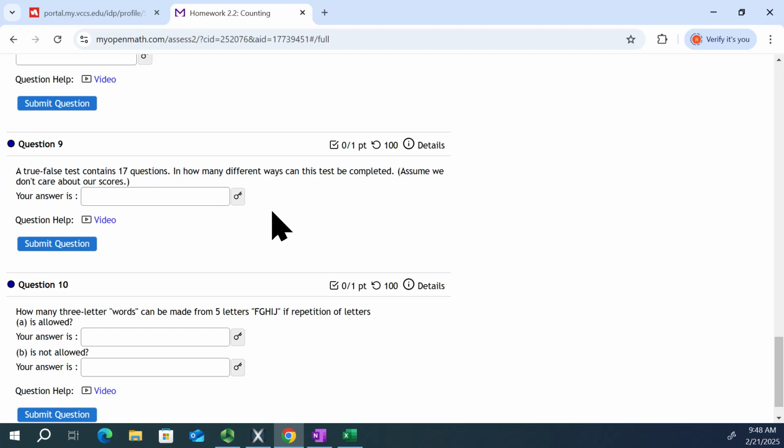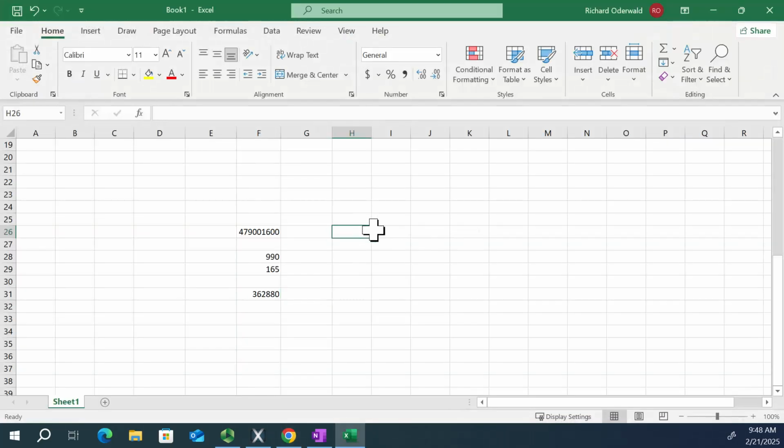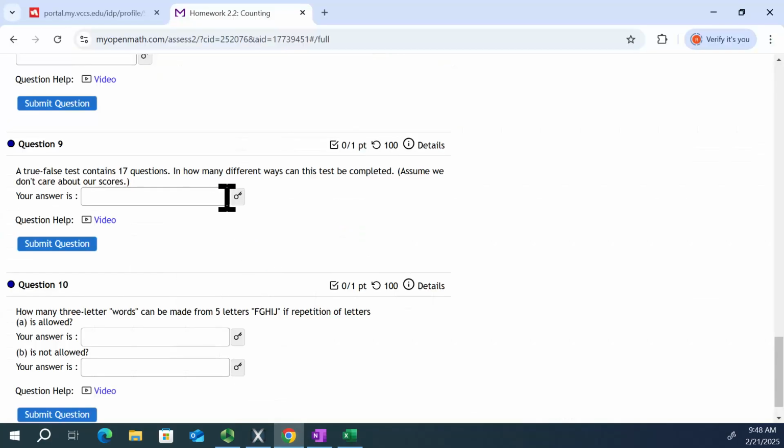This is just 2 to the 17th. Equals 2 raised to the 17th power. 131072. Hopefully that's the correct answer.